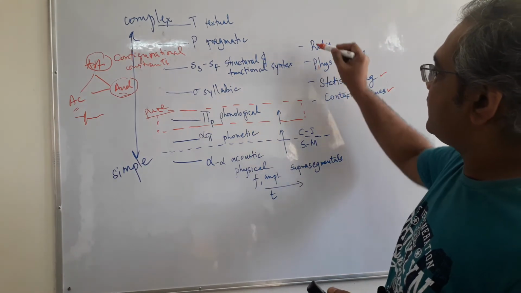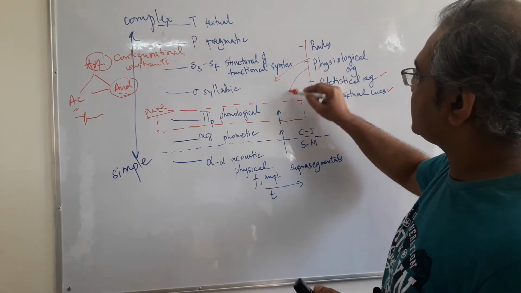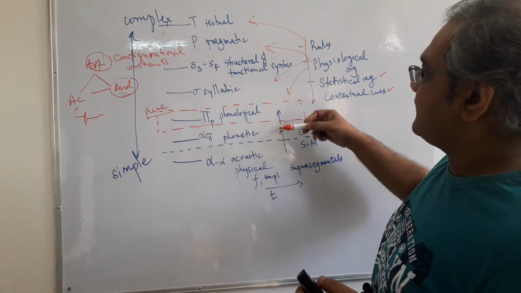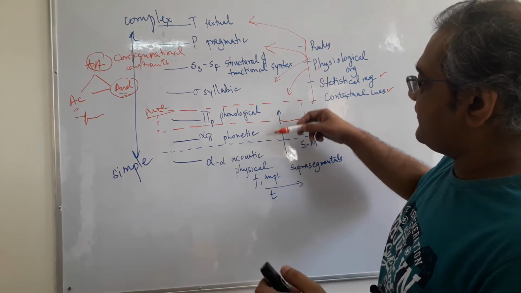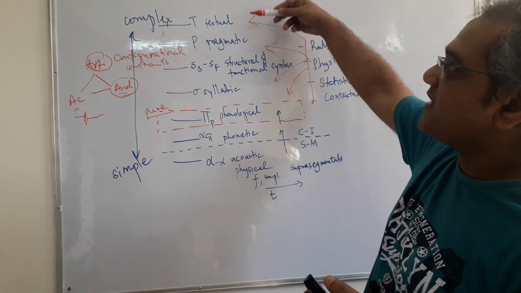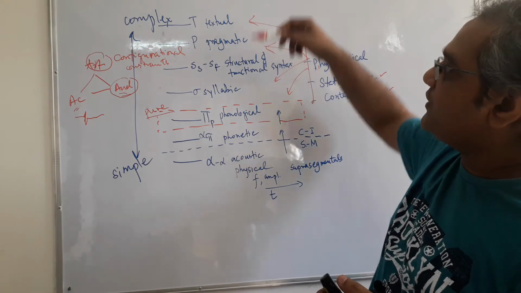Each of these levels would have these four parameters: the acoustic level, the phonetic level, the phonological, the syllabic, the structural-functional, as well as the pragmatic, and also the textual levels.